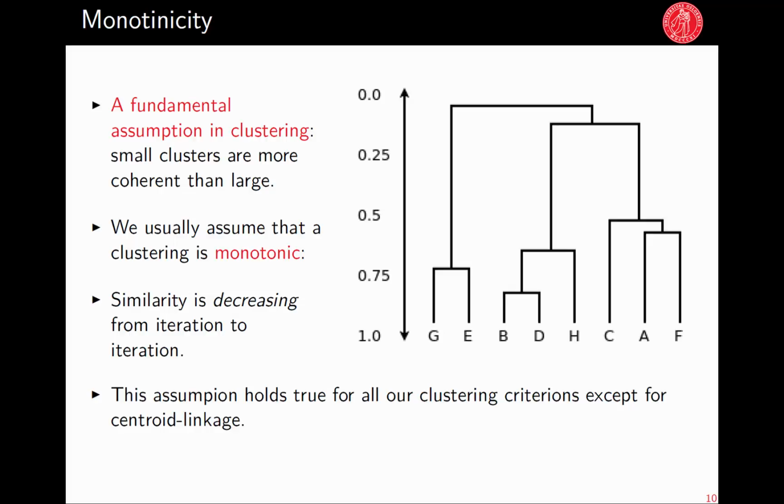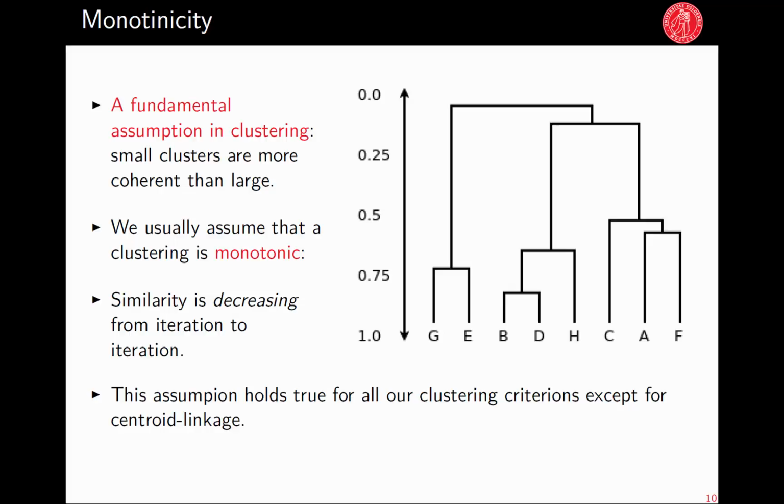So if you look at the dendrogram here, the expectation is that this would be the first cluster that we merged, right? B and D. Then we merge G and E, then we merge this cluster with H, and we see that in each step the merge corresponds to a point on the y-axis that shows that the similarity of the two clusters that we merged has gone down compared to the previous iteration.